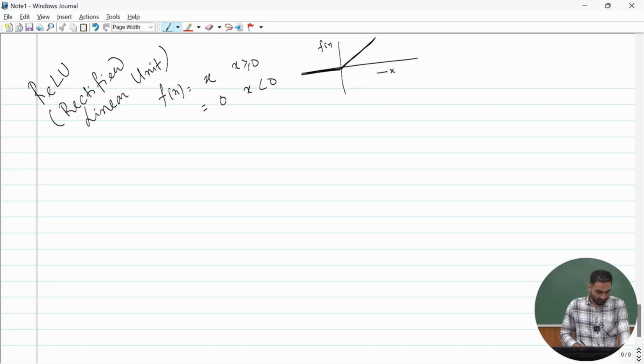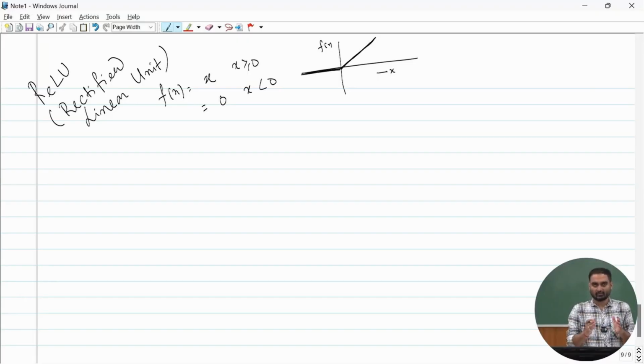Okay, so now this is very interesting because this is a very simple activation function that turned out to be very effective. But here the problem is as follows. So let's say if the input is negative, right?